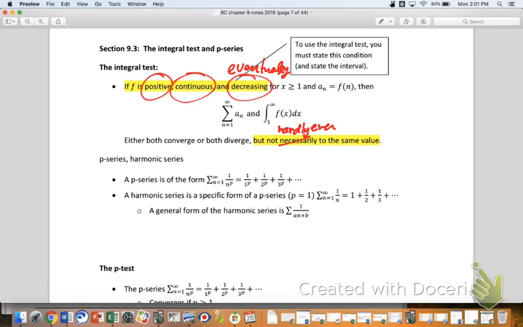There's your times 1. Plus 7/8 squared times 1. So each of those rectangular areas would represent the whole term. And then you'd add the next term, and then the next term, therefore getting the actual sum of the series, which in this case is bigger than if you just did the integral of the curve.